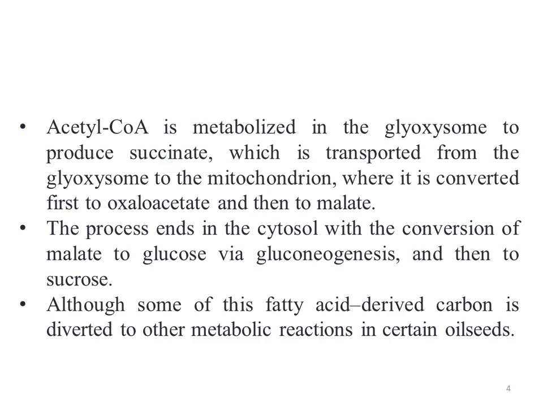Succinate is transported from the glyoxysome to the mitochondria, where it is converted first to oxaloacetate and then to malate as in the TCA cycle. The process ends in the cytosol with the conversion of malate to glucose via gluconeogenesis and then to sucrose.